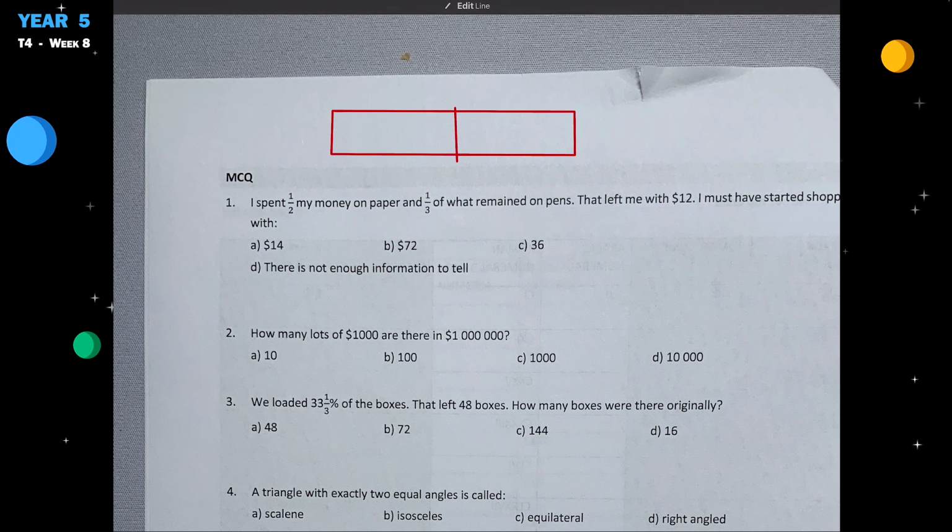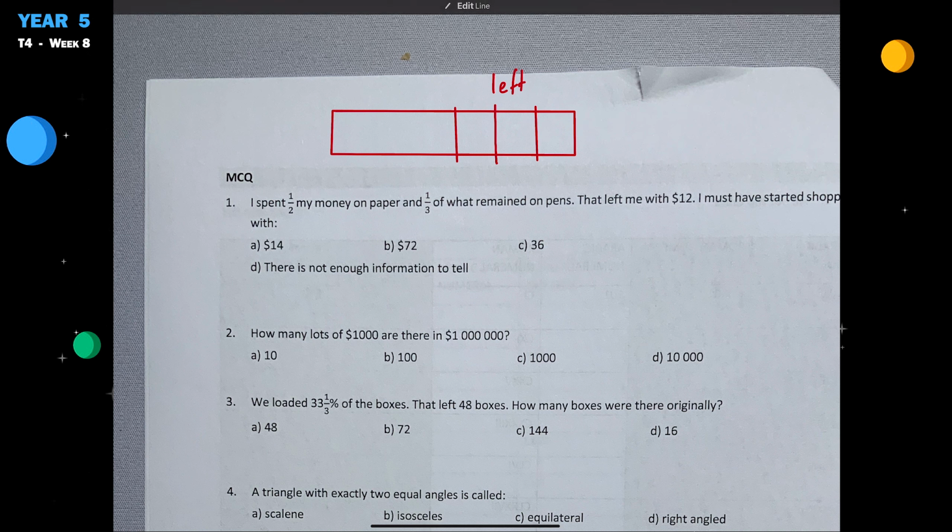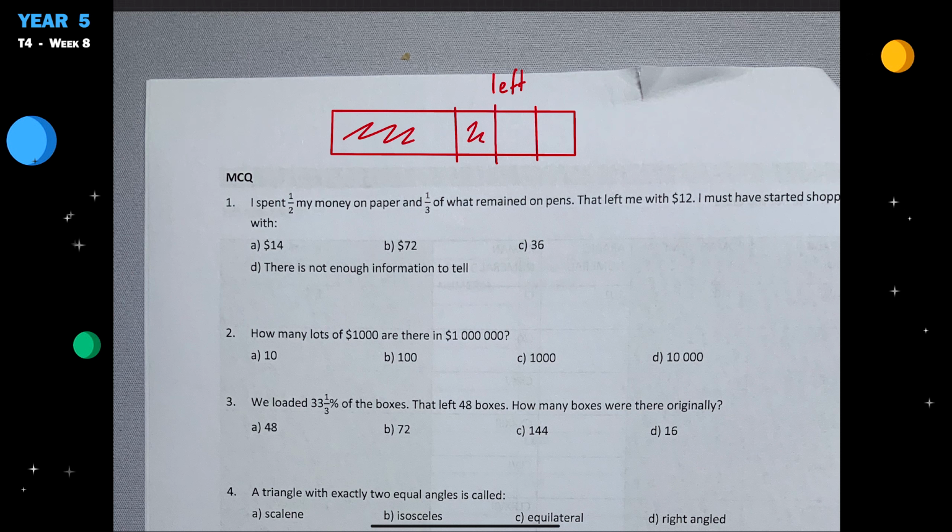That's a half. So you spent half of it, this is already spent or gone, and then you spent a third of what's left. So imagine you take what's left, so here's what's left over, and you spend a third. So you spend a third, meaning you divide it into 3 parts. 1, 2, 3. Okay. So you spent all of that and all of that, and you have that piece left.